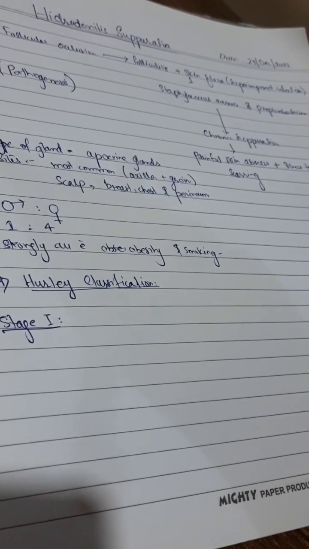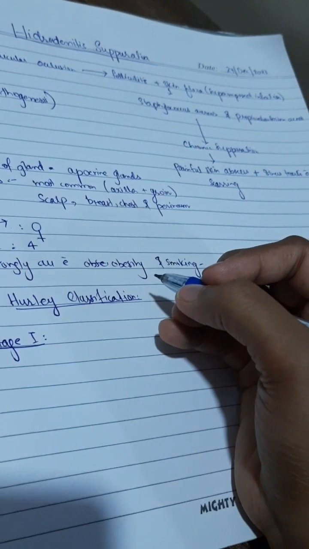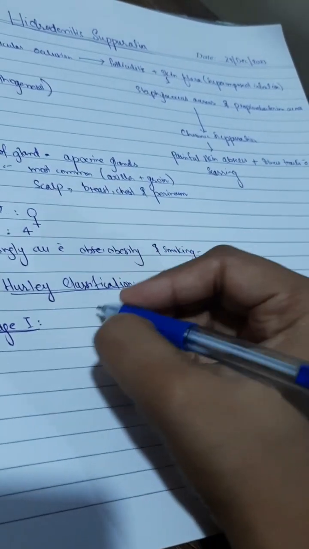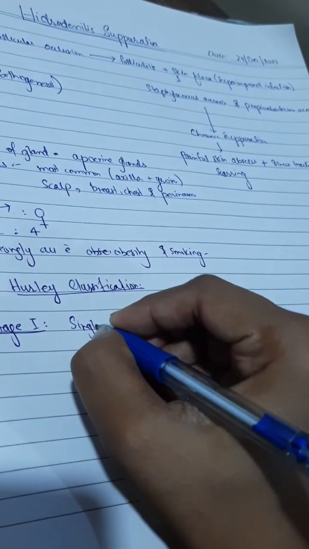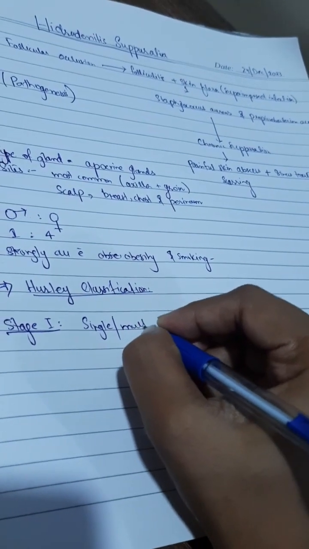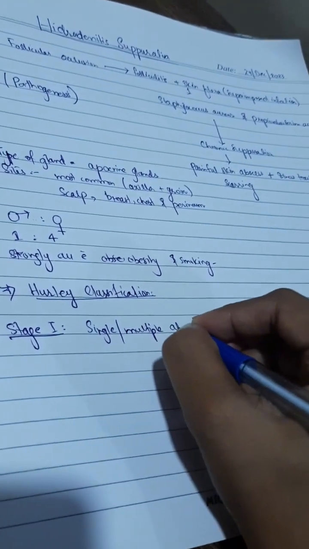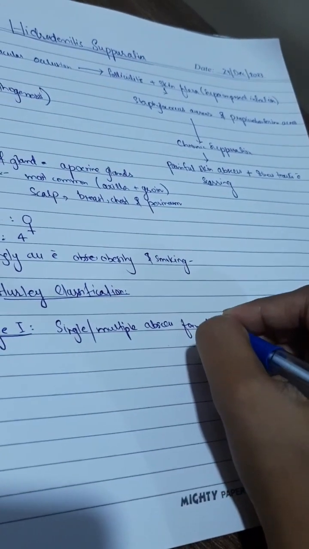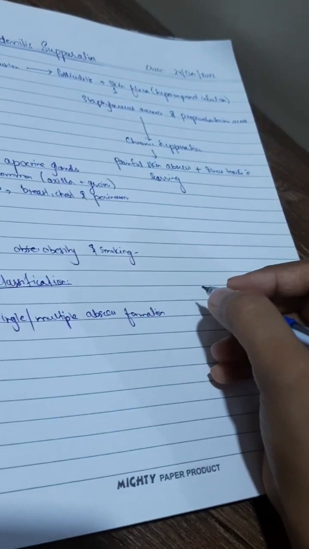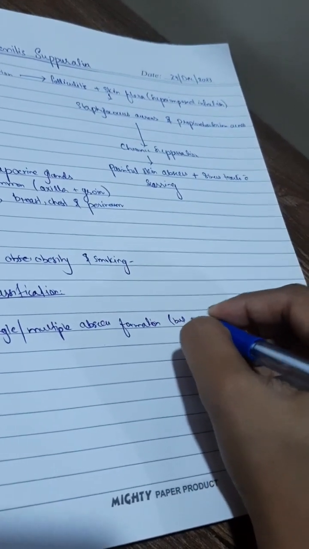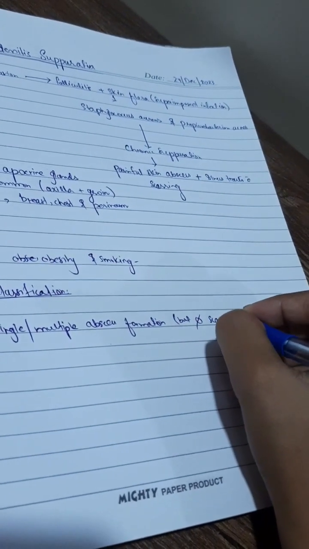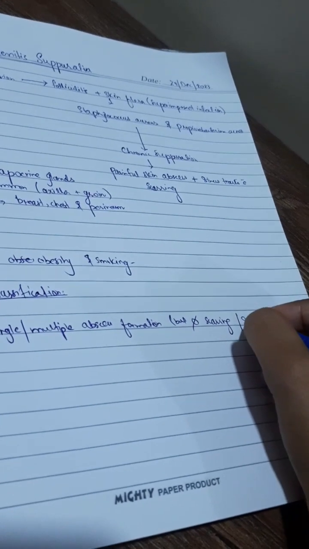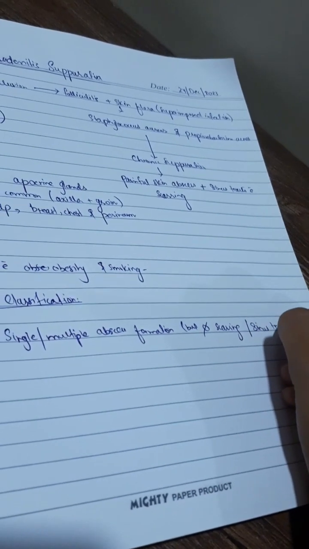In stage 1, there is single or multiple abscess formation. Okay, but no scarring or sinus tract are there.